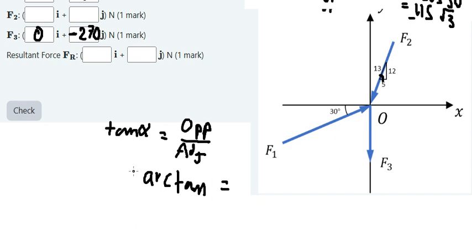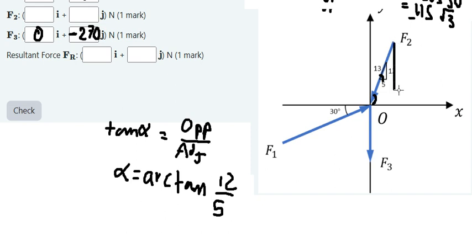So the opposite of this one, that is about number 12 over number 5. So the angle in here will be the same as this angle in here, because the line in here, number 5, is parallel to this one. That's why the two angles have the same value.